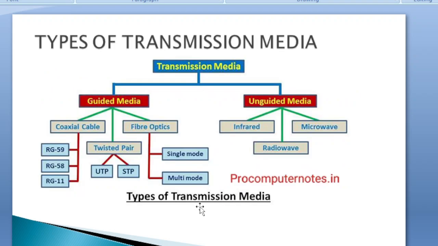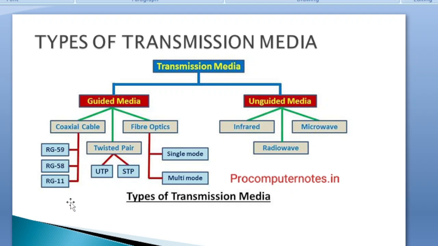Next is the types of transmission media. We already mentioned guided media and unguided media. Guided media is classified into coaxial cable, twisted pair cable, and fiber optics.